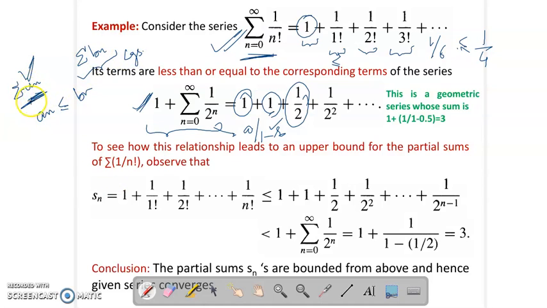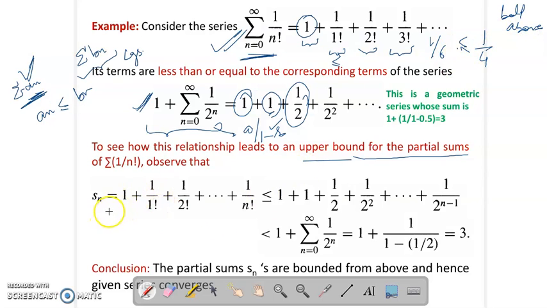That is the question. To see how this relation leads to an upper bound of the partial sums, we want to conclude from this result that the partial sums of this series are bounded from above. If they are bounded from above, then the corollary to the non-decreasing theorem will conclude the convergence.